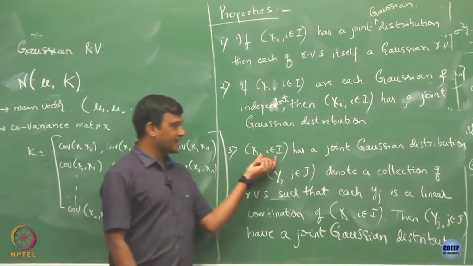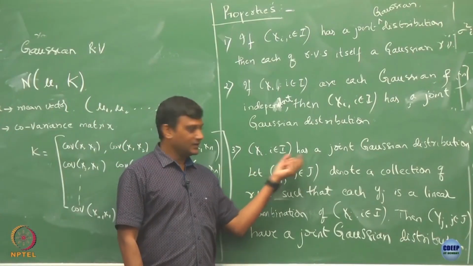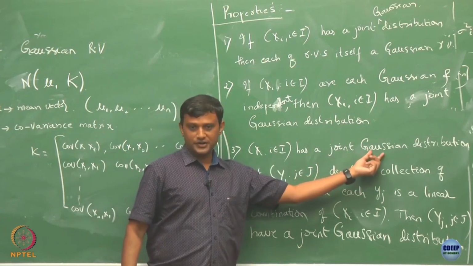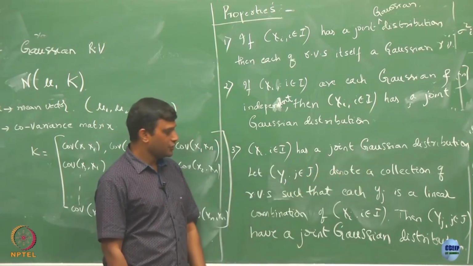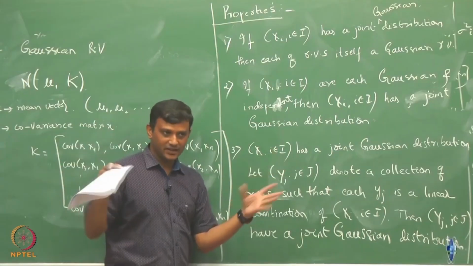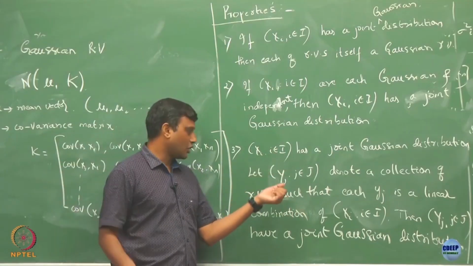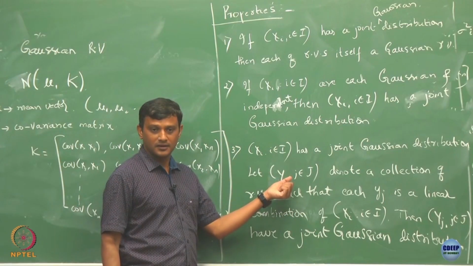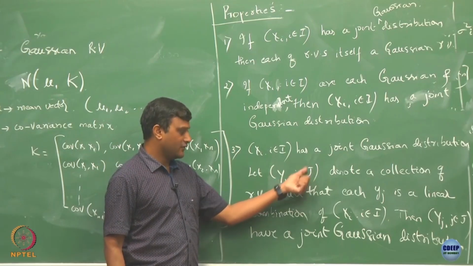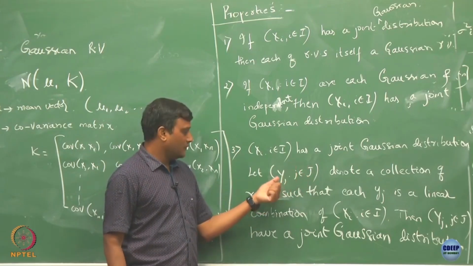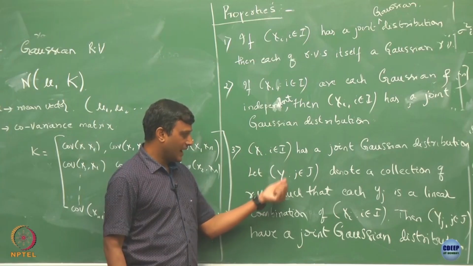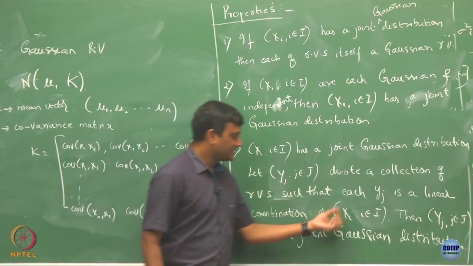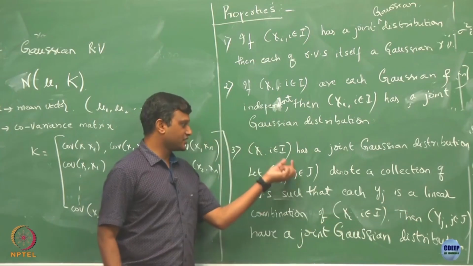What I am saying is take a collection of random variables that has joint Gaussian distribution. Now you come up with another set of random variables, call them yj, j taking value in some set capital J, where each yj itself is a linear combination of these xi's.